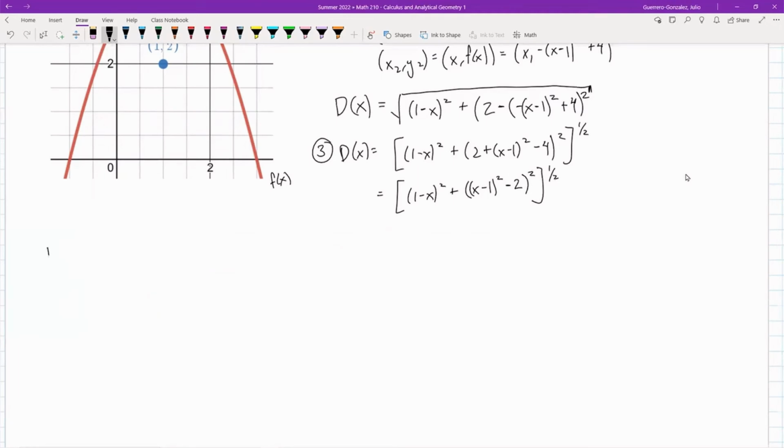Now I'm going to go ahead and take the derivative. So d prime of x is going to be equal to, okay, this is going to require a chain rule. So it's going to be 1/2 times the stuff in here. So it's going to be 1 minus x squared plus x minus 1 squared minus 2, to the minus 1/2, times 2, 1 minus x times negative 1.